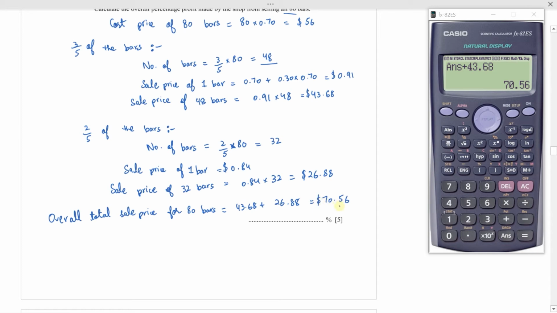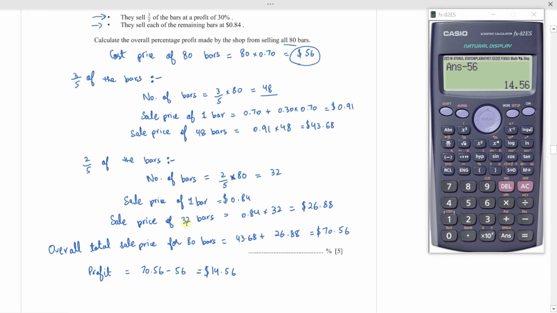So now this is your total sale price. Your total cost price was 56. So your profit is 70.56 minus 56. So this is $14.56, your total profit that the shop will make on these 80 bars.